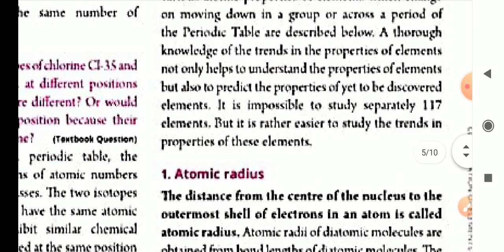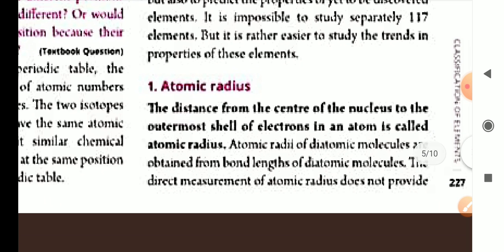So, what is the atomic radius or atomic size? In some books you will get atomic radius, in some books atomic size. The distance between the nucleus and the last orbit, that is the outermost shell, is called atomic radius. The distance from the center of the nucleus to the outermost shell of electrons in an atom is called atomic radius.